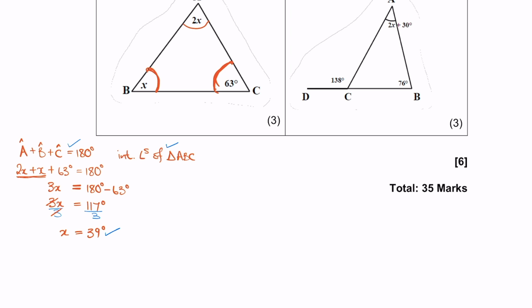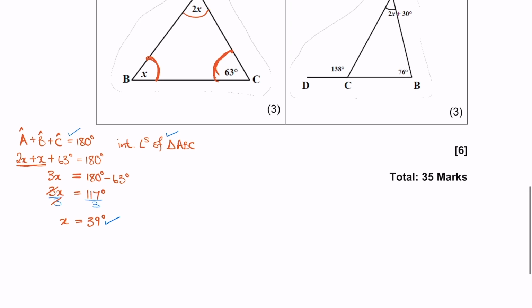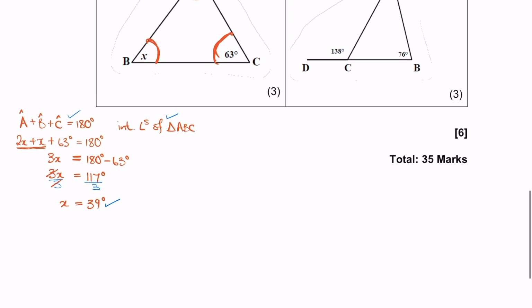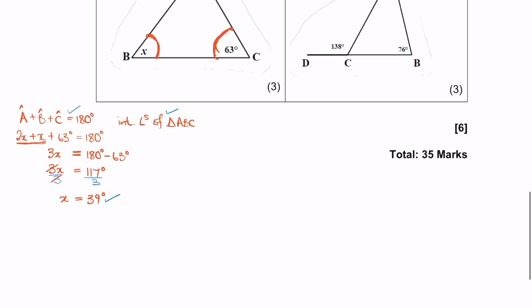So there's two ways of solving this problem. I will do the exterior angle one first. What I mean by that is I'm going to write out that property here and use the numbers as they are. So I'm going to say that this exterior angle, 138 degrees, is equal to the sum of the opposite two interior angles.